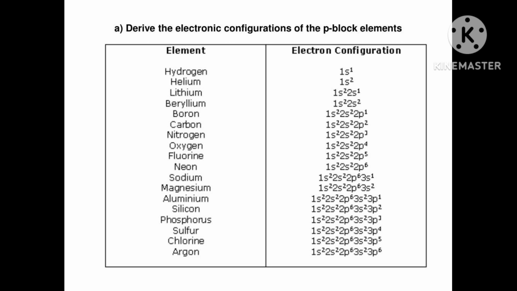CN triple bond is there, and in cyanide and isocyanide, C double bond N, C triple bond N, everywhere a pi bond is there.